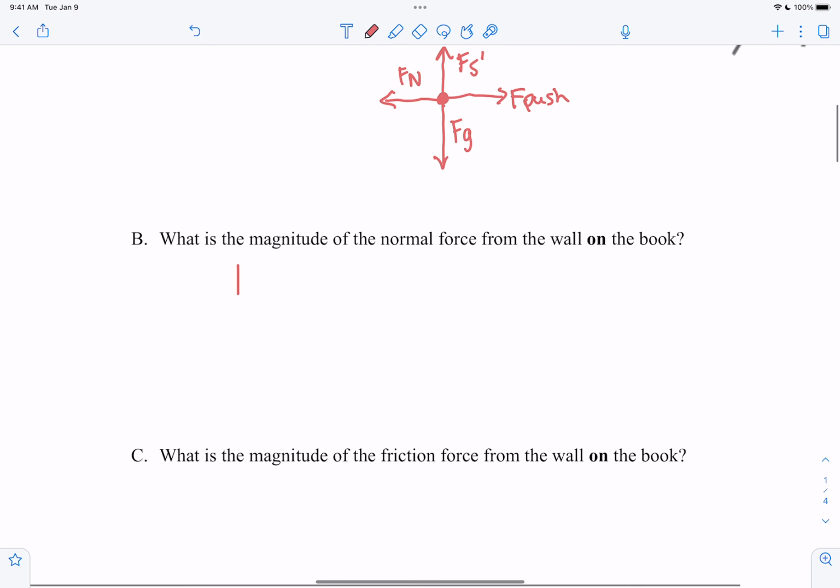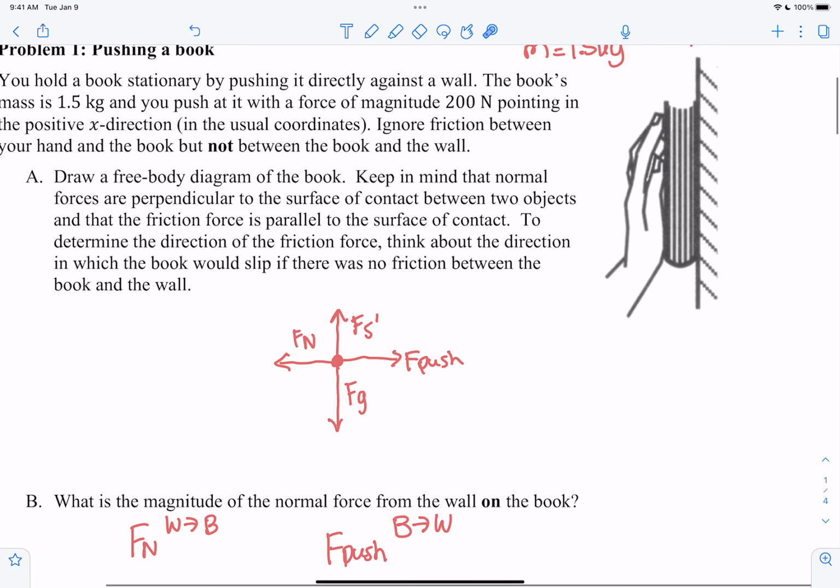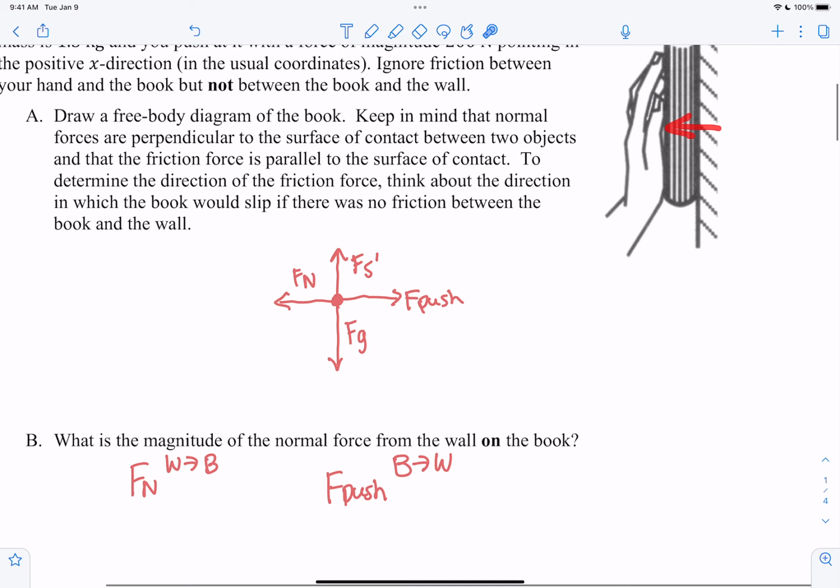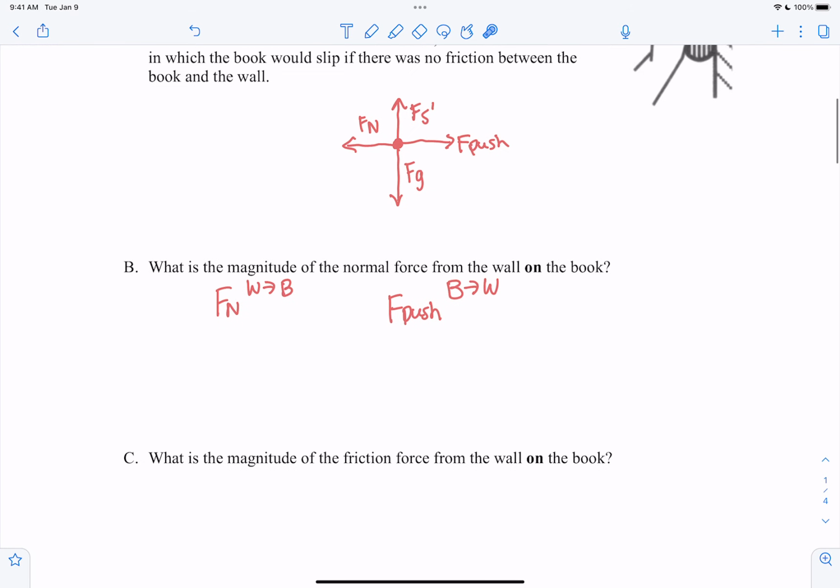Because this normal force is wall on book, and the push force is book on wall, essentially, or hand on book, but I guess it'd be the book pushing against the wall, right? Because the wall is feeling the pressure from the book, the wall exerts a force back on that, right? So we can think about it that way.